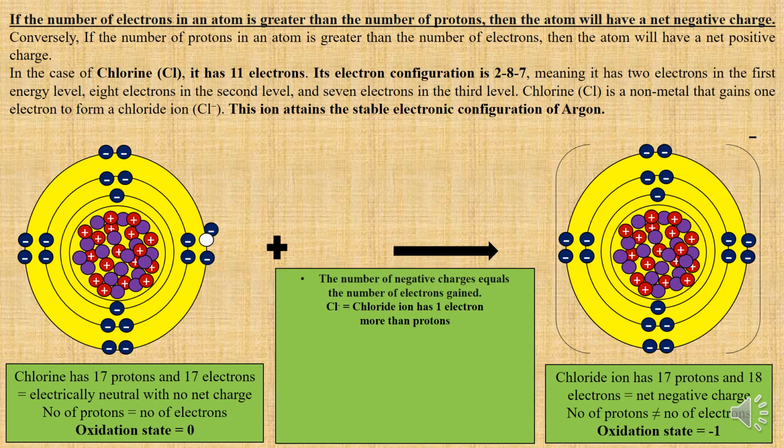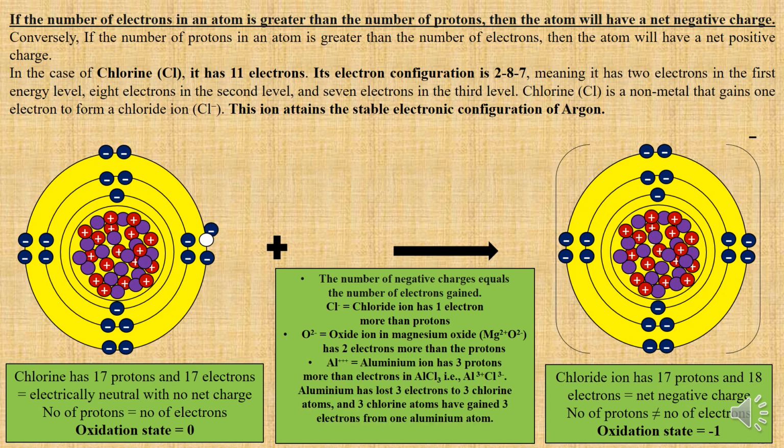So the number of negative charges equals the number of electrons gained. So chloride ion has 1 electron more than protons. Therefore it has 1 negative charge. So oxide ion, in case of magnesium oxide, has 2 electrons more than the protons, and therefore it has got 2 negative charges. Aluminium ion has 3 protons more than electrons in aluminium chloride.